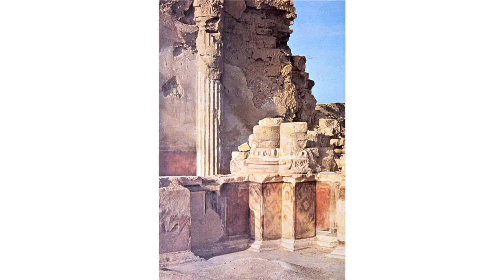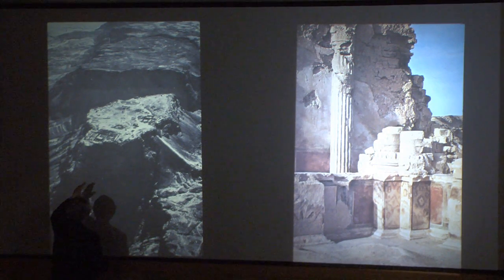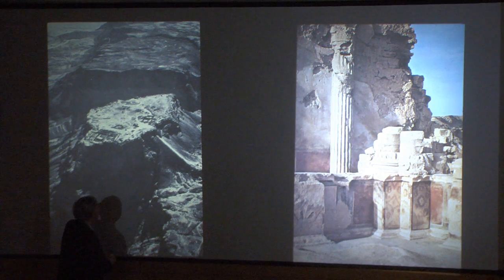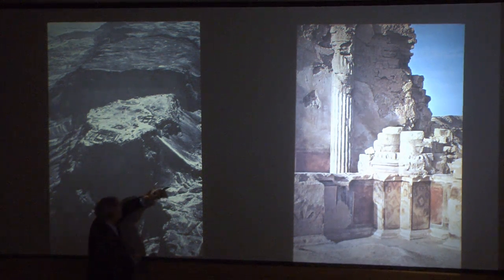Masada, one of Herod's vacation homes, built on the side of the hill. Again, the notion of building on top of something. The Romans finally conquered Masada by building an earth bridge to the top.